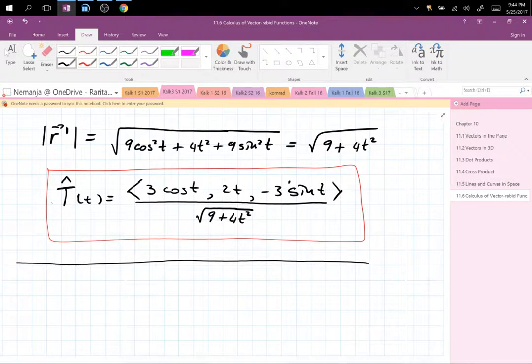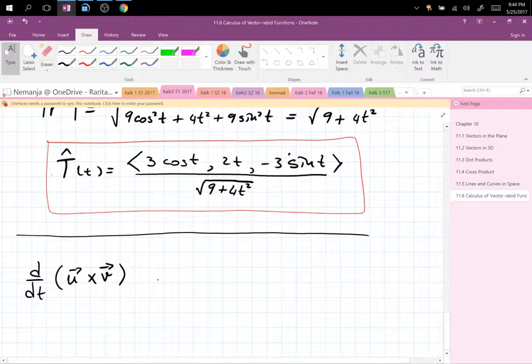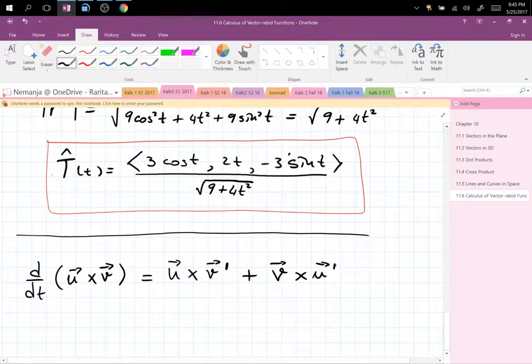So what is the derivative of u cross v, where both of these are vector valued functions? Well, actually, it's the product rule that has cross product everywhere. So it is u cross v prime plus v cross u prime.